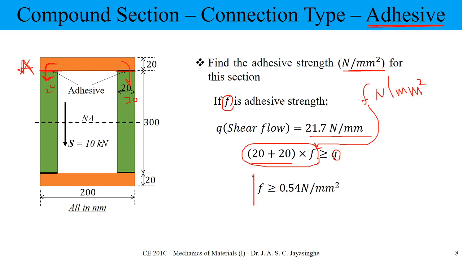So that means you can find your glue should have a minimum strength equal to 0.54 Newton per millimeter squared. Okay, so that's the glue type.